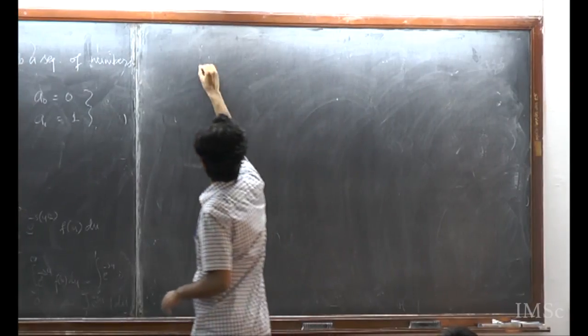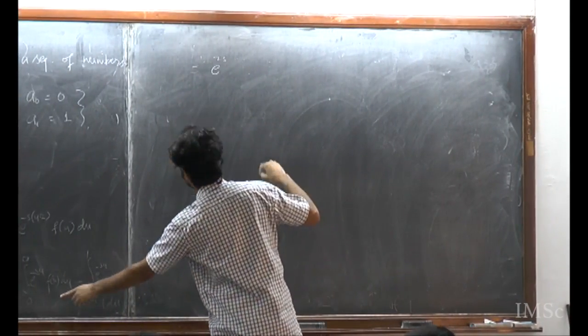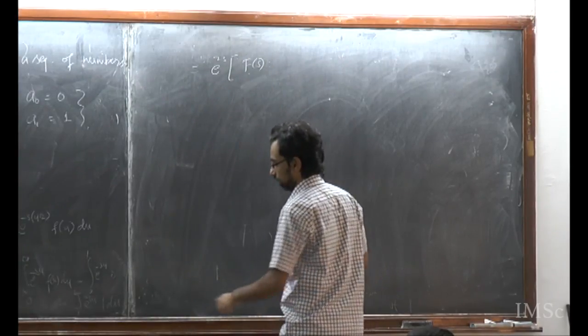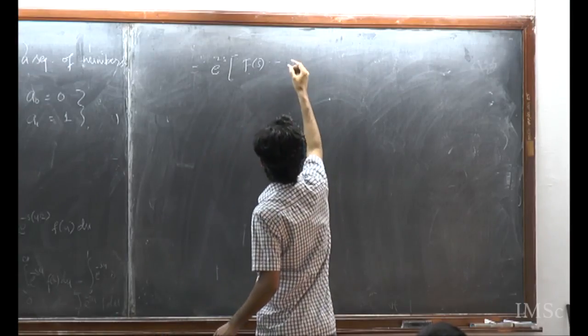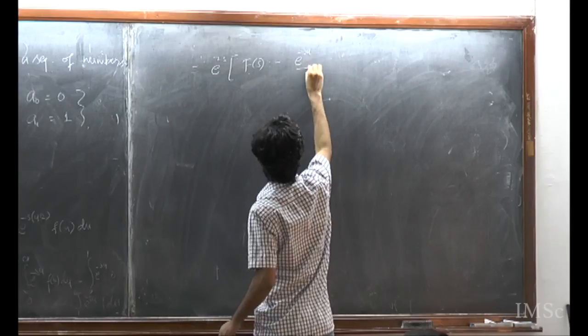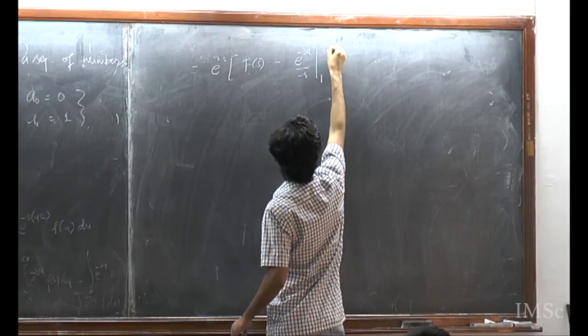So you get e to the 2s, which is just the Laplace transform F(s). And here you get e to the minus u over minus s from 1 to 2.